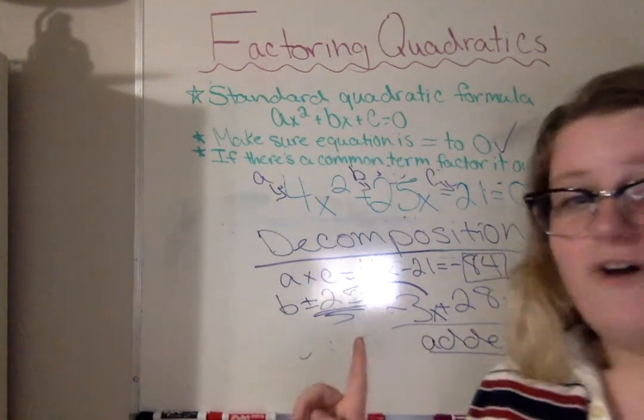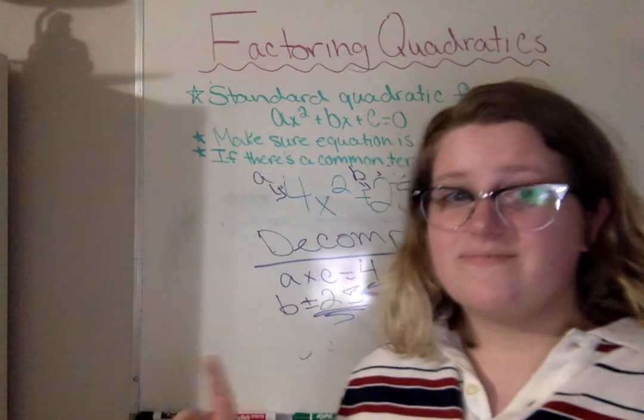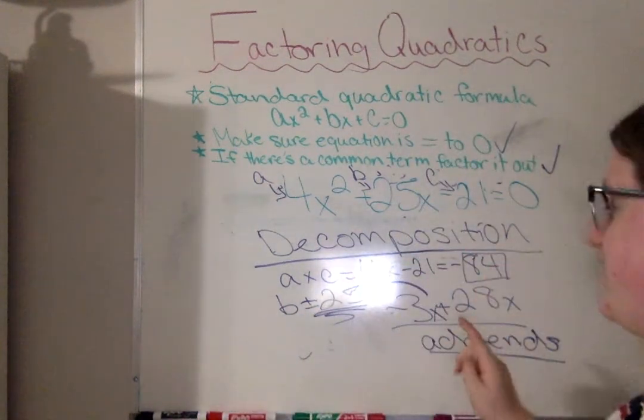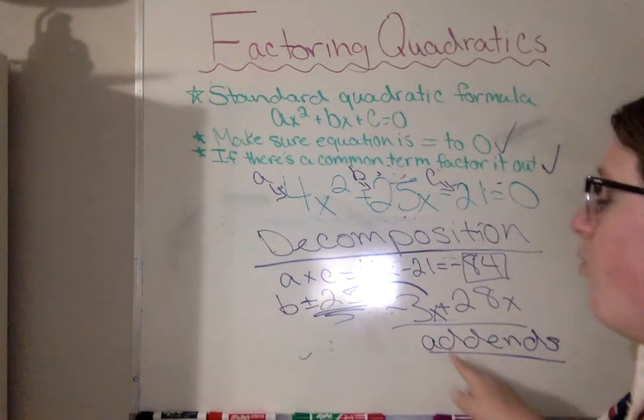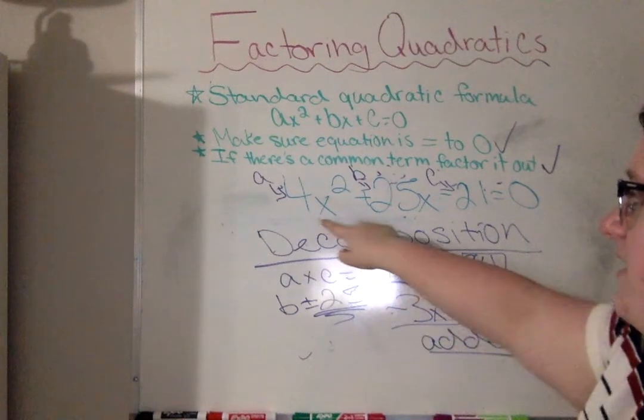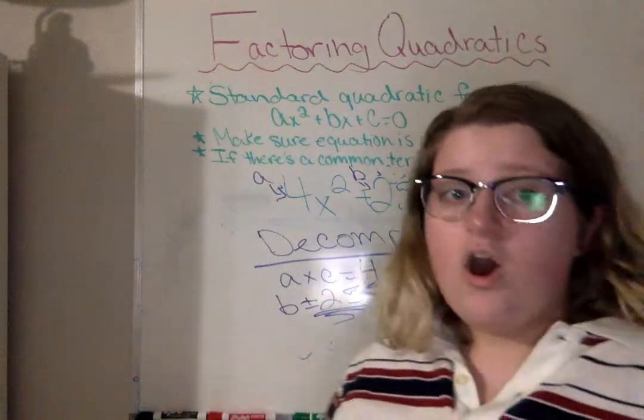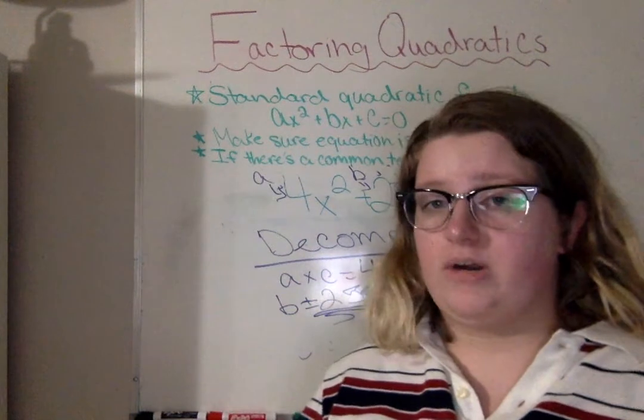Okay, are you still following along with me? Good. So then we need to group the addends where they can go in the equation where they share a common term.